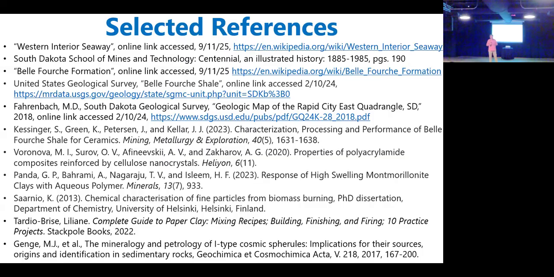I think there is a lot of potential to go through. I focused on Belfast Shale, but there's a lot of strata, I don't know if that's the right word, caused by the Black Hills uplift. Dr. Donovan's doing a lot with what's called Fuson Shale for processing into ceramics. That's a potential source of micrometeorites as well.